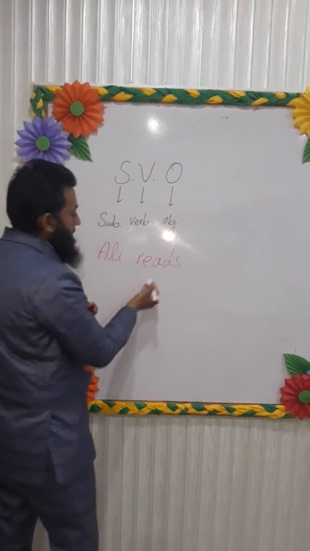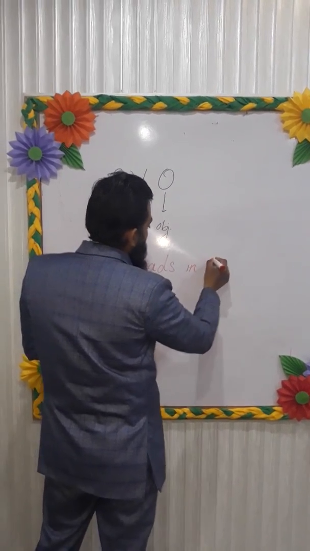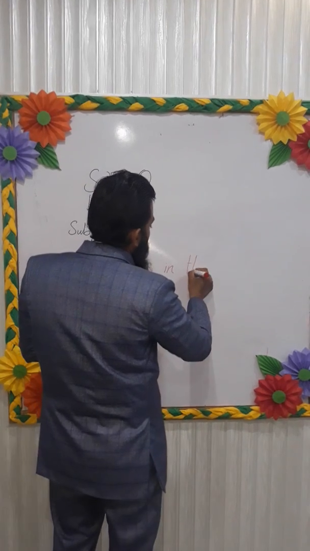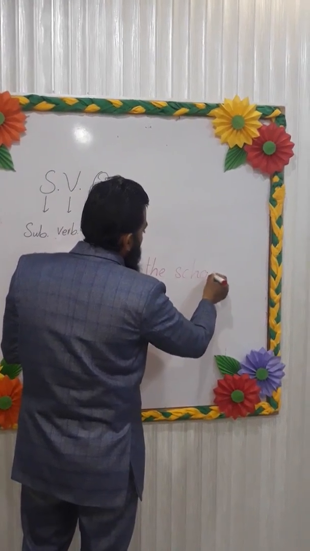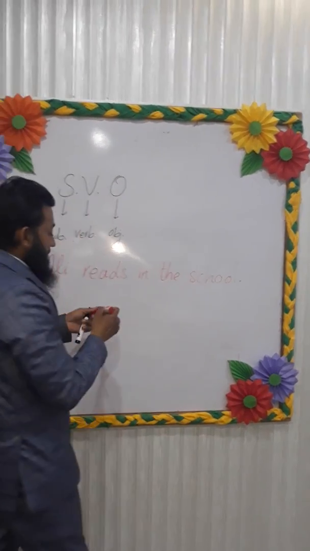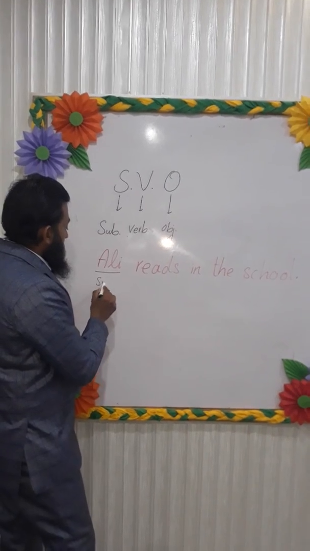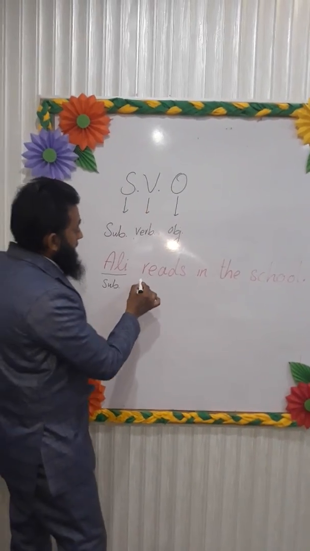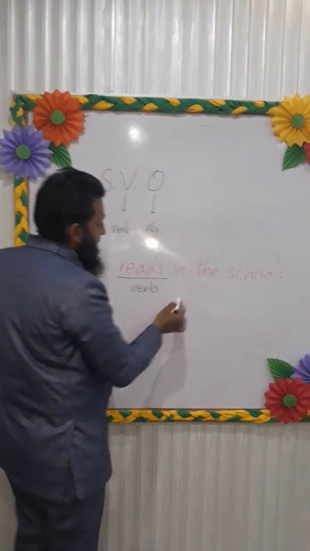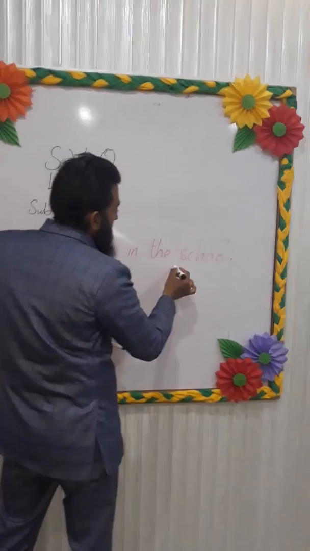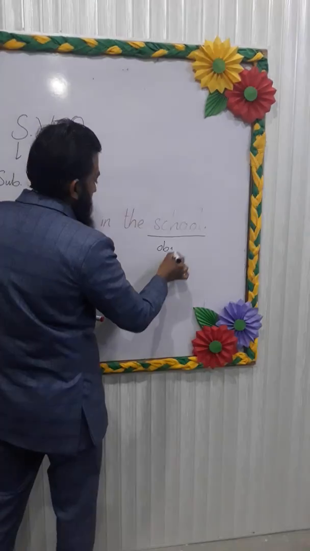Ali reads is a verb. Here we know that this is the subject according to the given structure, and reads is a verb, and school is an object. Okay.